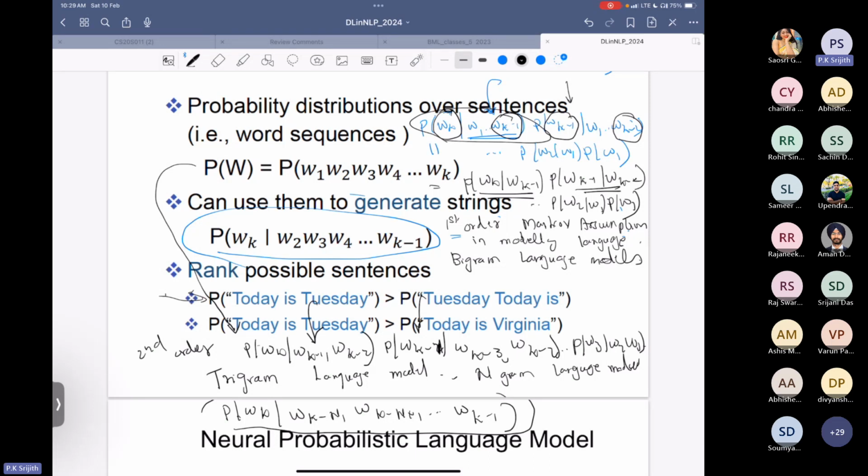When you try to model the probability of "Tuesday today", the conditional probability of the word "today" appearing after "Tuesday" is going to be very small, and you don't favor this kind of sentence. If you look at "today is Tuesday", the conditional probability of the sequence of words appearing will be higher, and you favor that.